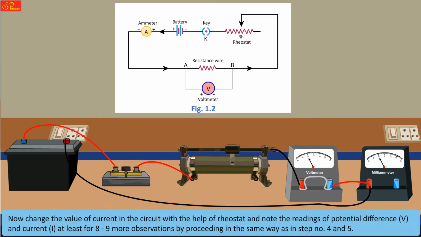Now, change the value of current in the circuit with the help of rheostat and note the readings of potential difference V and current I, at least for 8 to 9 more observations by proceeding in the same way as in steps number 4 and 5.